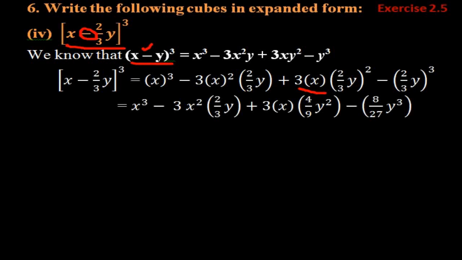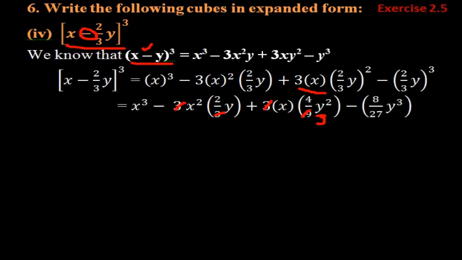So it becomes x cube minus 3x square into 2 by 3y plus 3 into x. When I square this one, it becomes 4 by 9 y square minus 8 by 27 y cube. Now this 3 and 9 can be eliminated. Even this 3 also can be eliminated now.